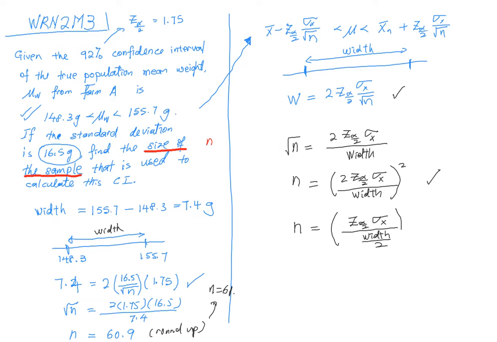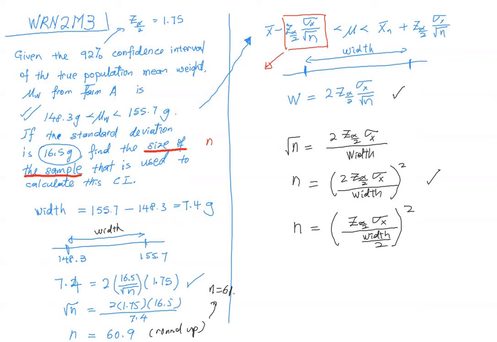Can I do like that? So the width divided by 2, what do we call that? What do we call the width divided by 2? This is the one, am I right? This is the width divided by 2, correct? So what is the name we give for this one? Margin of error.